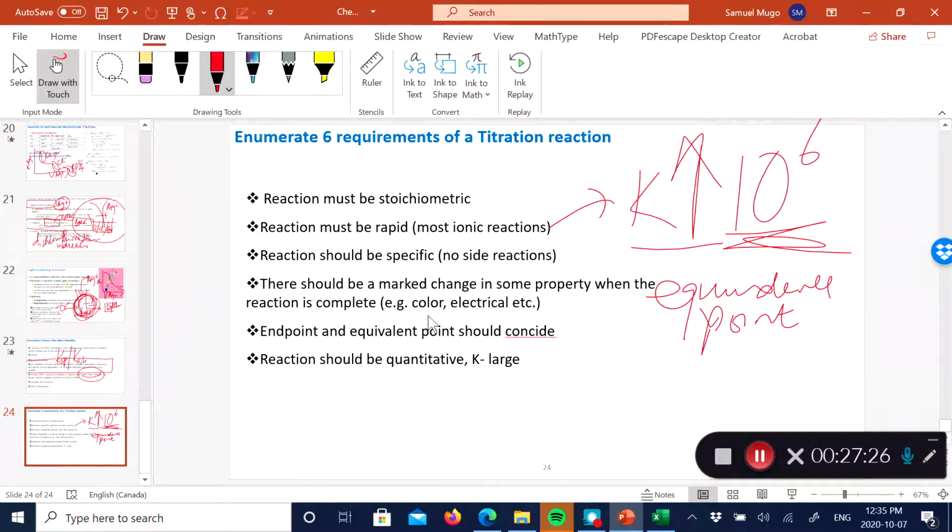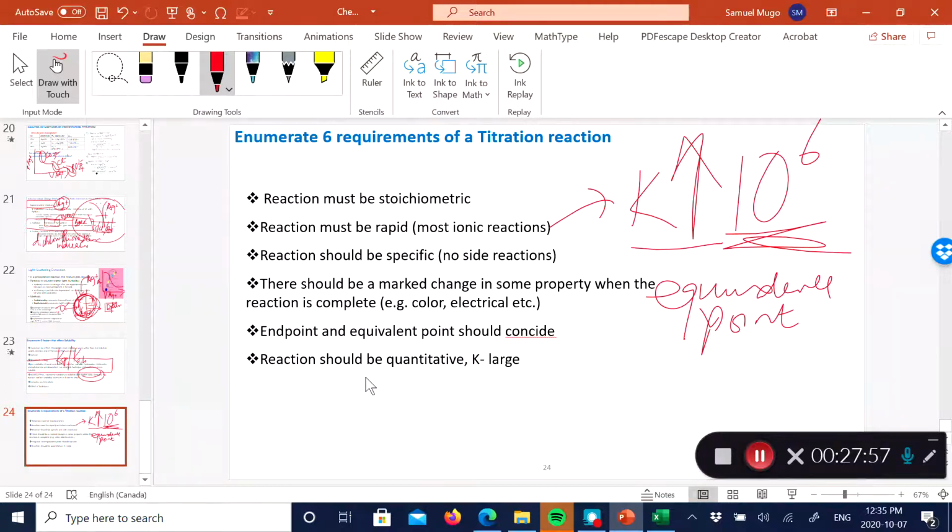So you either use a color indicator, of course we talked about an error in that case, or you can use instrumentation, such as potentiometry, to measure the equivalence point, or you can even use spectrophotometry, like what I've just explained, to measure the equivalence point for your reaction. So you should be able to have a way of determining the equivalence point.